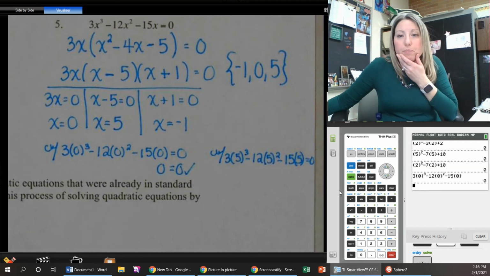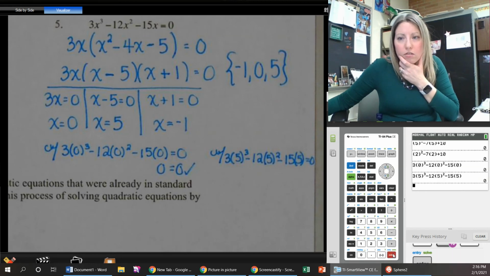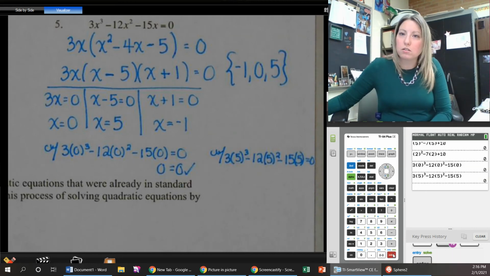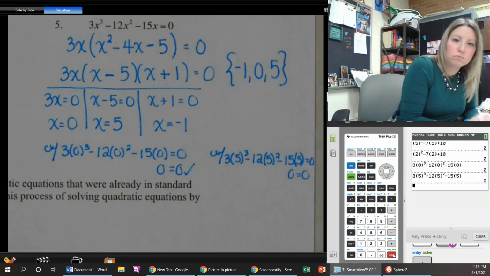So let's press second and enter. And we're just going to arrow to the left and change this to a 5 because that's what we're inputting. Feels like a lot. Boy, how's that going to happen, right? Let's just check it. Wow, it works. This guy zeroes out.